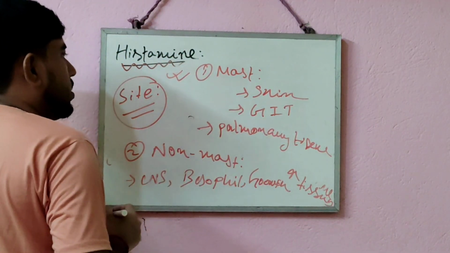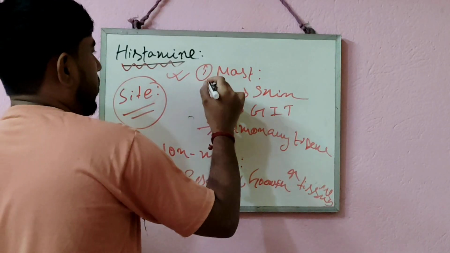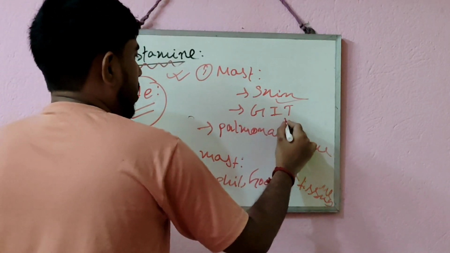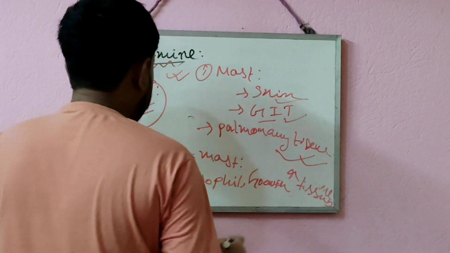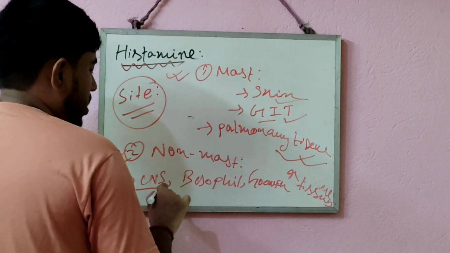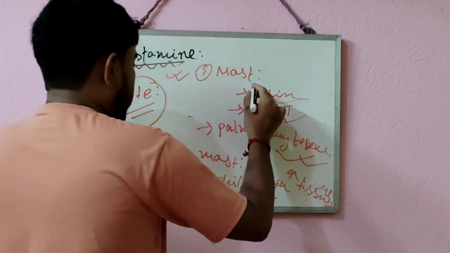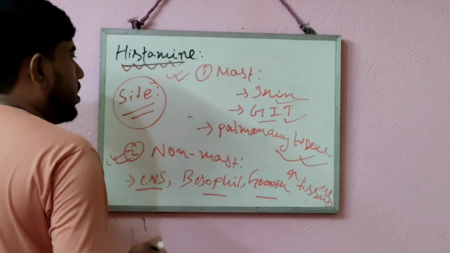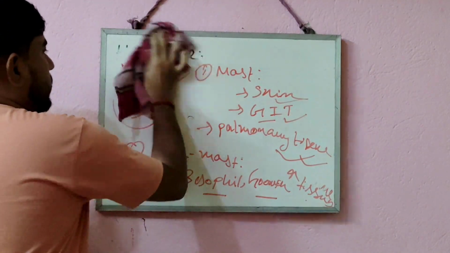So histamine can be secreted from mast cells, which include the skin, gastrointestinal tract and pulmonary tissues, and from non-mast cells, which include the central nervous system, basophils and growth-promoting tissues.